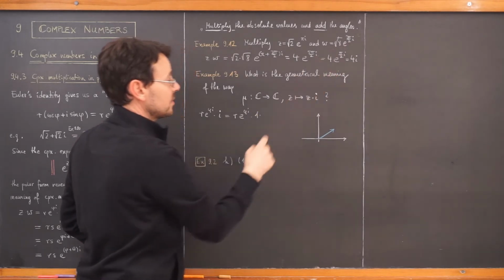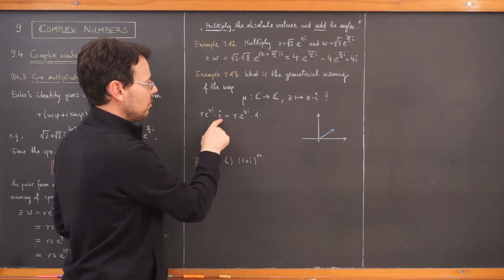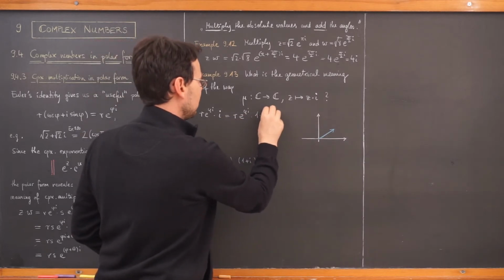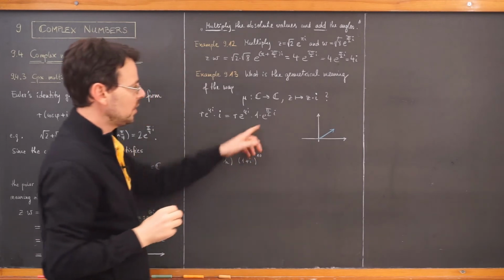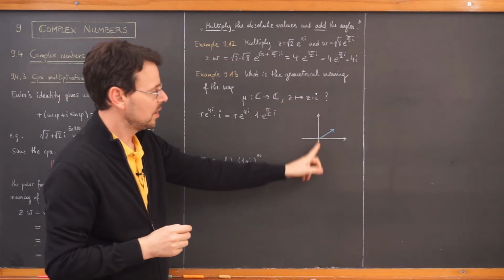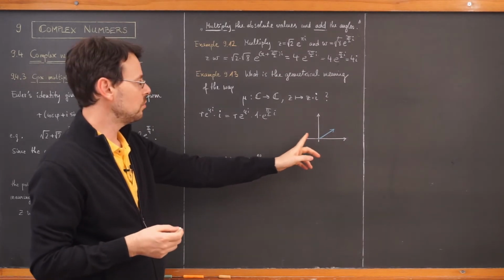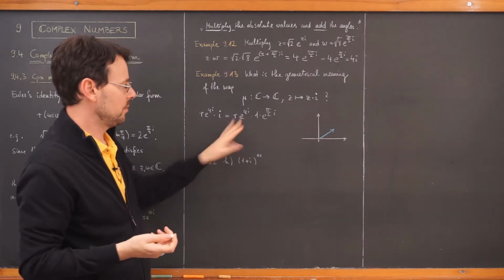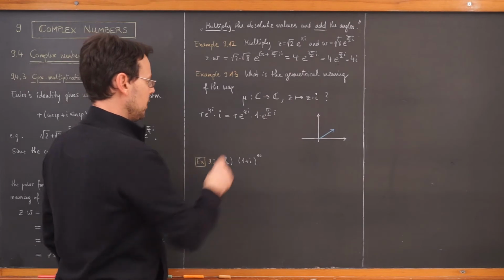And as I already explained here, the polar form of i is simply 1 times e to the pi over 2 times i, because the angle is obviously 90 degrees or pi over 2, and the length of i is 1. So I could also omit the 1 here.